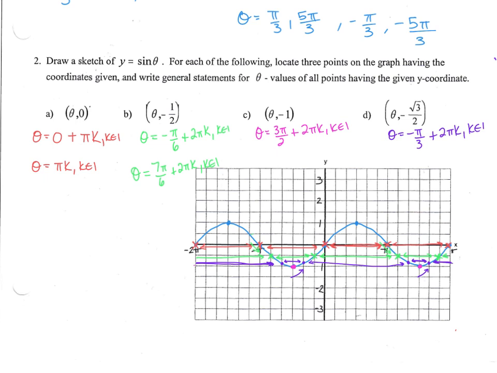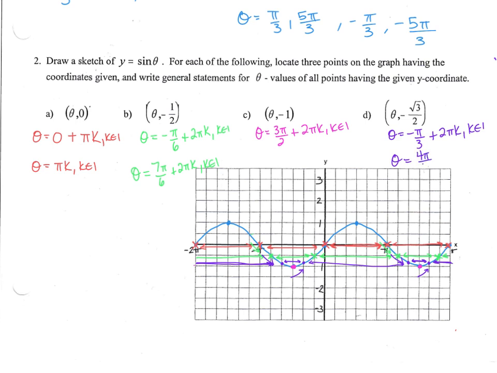Also correct. And then for my other statement, I can look at when am I falling to that y value of negative root 3 over 2. I'm falling to it. I rotate 2π later and I fall to that value again. So maybe I look at it and go, okay, I'm π/3 past π. So π/3 past π means I have an extra π/3.